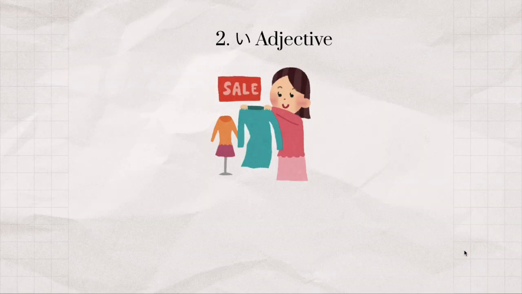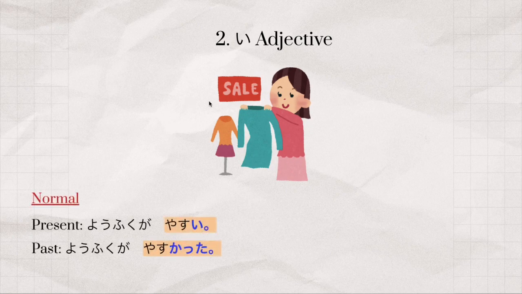Okay, next it's the い adjective. The woman is looking at the clothes and she's trying to get new clothes for sale. So to say that the clothes are cheap, normal present tense would be 洋服が安い.